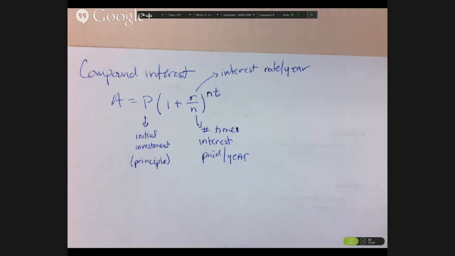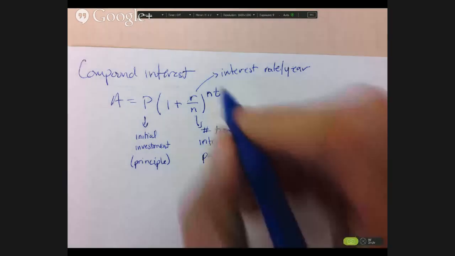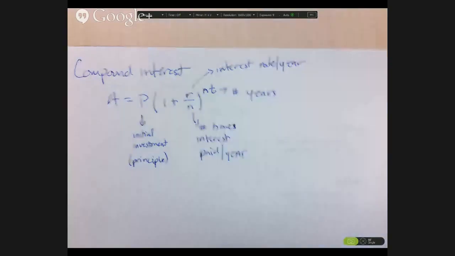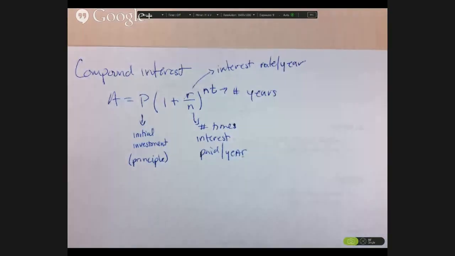Well, what would N be in that case? 12, right, because it's 12 times per year, or weekly. There's also something called continuously compounded interest, which we'll talk about next week, but pay attention there because they can throw different variations of the same thing at you. T is the number of years. Okay, A, of course, would be your final amount.